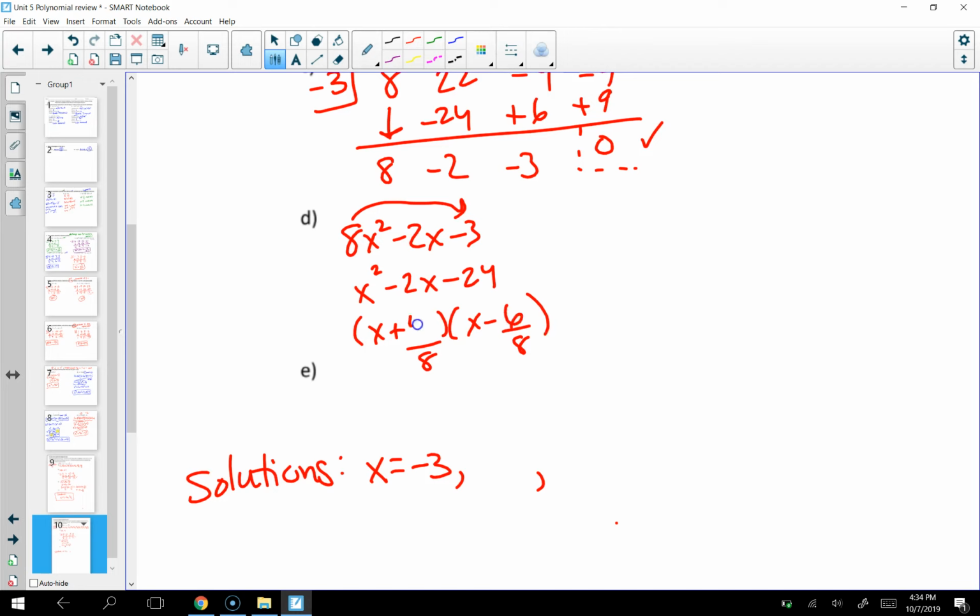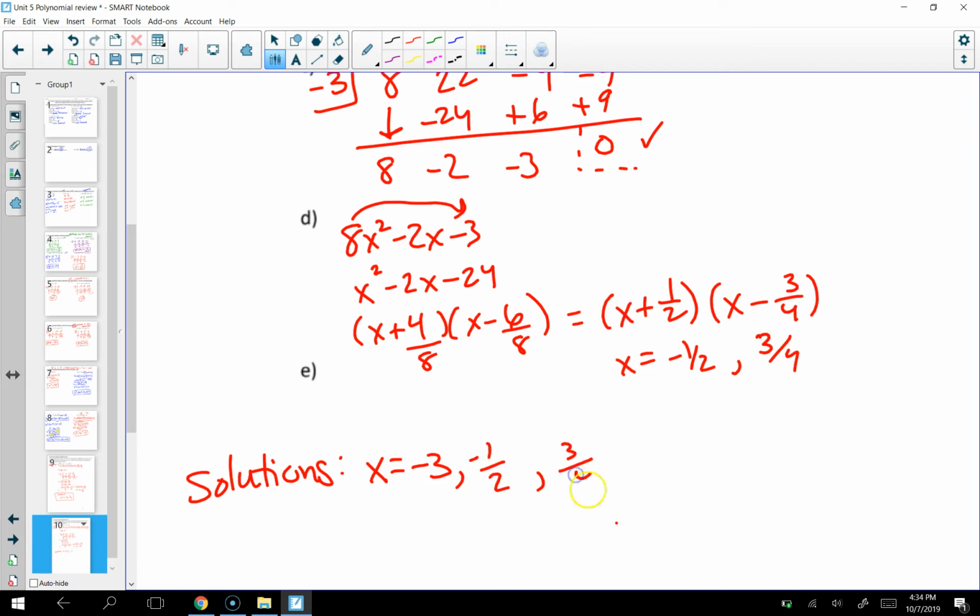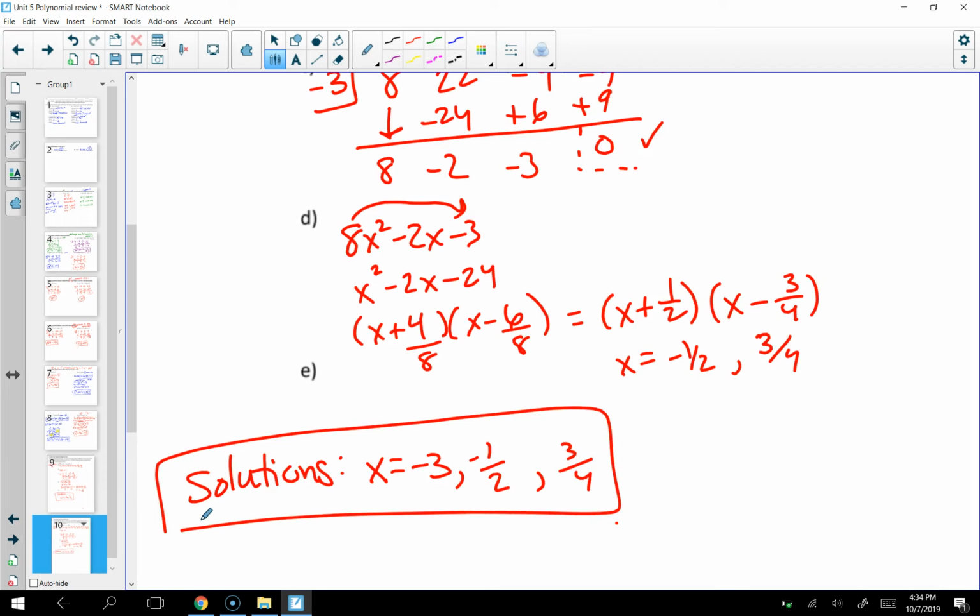Negative 6 plus 4. Simplify these. We have x plus 1/2 and x minus, what is that, 3 over 4. So we have x equals negative 1/2 and positive 3/4. So there are my other ones. So there are all 3 solutions.